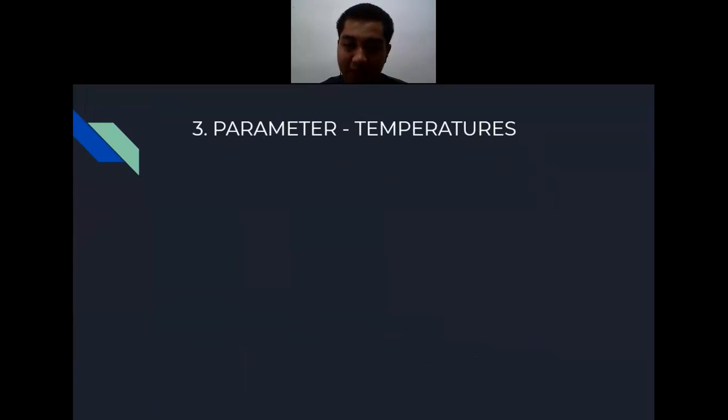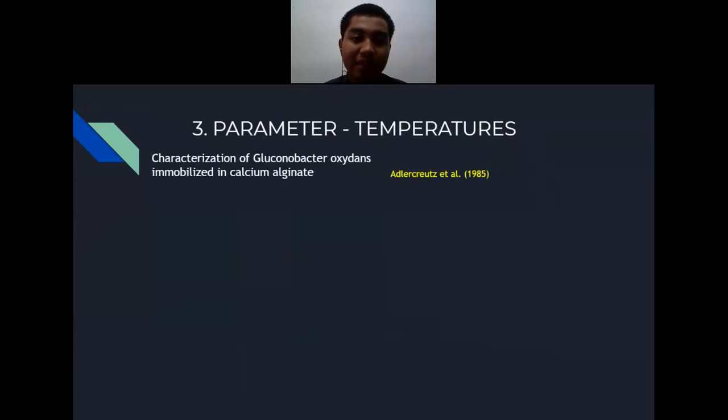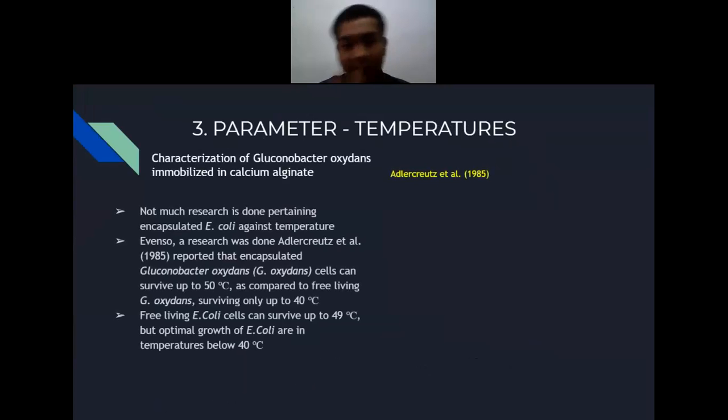For the parameters, for temperature, I have studied the research done by Adlercreutz et al. in 1985. Unfortunately, not much study has been done regarding encapsulated E. coli against temperature. However, the research by Adlercreutz was done for encapsulated Gluconobacter oxydans or G. oxydans cells, and has shown that encapsulated G. oxydans cells can survive up to 50 degrees Celsius, while free-living G. oxydans cells can survive up to only 40 degrees Celsius.